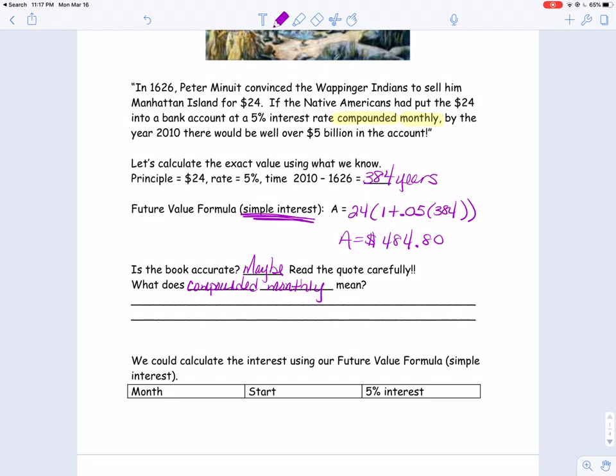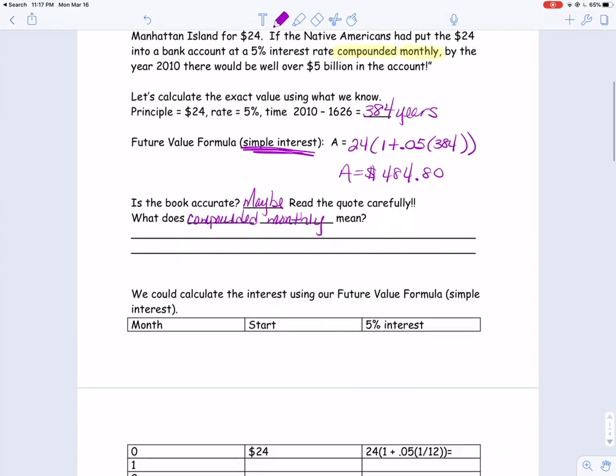If you have a savings account, rates are really low right now, so you're not earning much interest, but you're earning a penny or two, and you're earning those monthly. So when we make investments, they usually pay us back monthly. Not 100%, but very often. So compounded monthly, we earn interest each month.